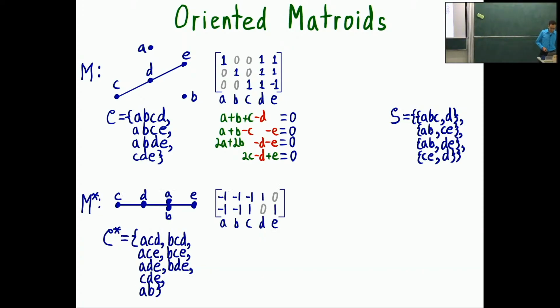If we look at the dual matroid, the matroid whose matrix has a row space that's the orthogonal of the row space of the original matrix, we can also consider the co-circuits. A co-circuit in a matroid is a complement of a hyperplane.